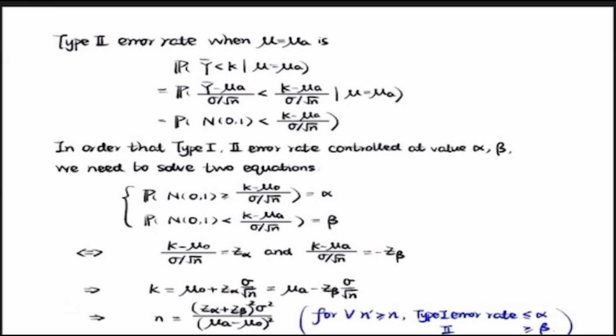So we should be ready to solve these two equations simultaneously. The probability of a z-score greater or equal to that will be equal to alpha. That's type 1 error. The second one, the probability of a z-score less than that is going to be equal to beta. I already know my alpha. I already know my beta.